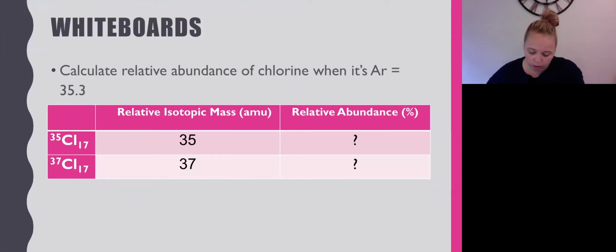So we've got the IR of chlorine 35, and we've got chlorine 37, and our AR in total is 35.3. I just need to write those down so that when we go onto the whiteboard, here we go.